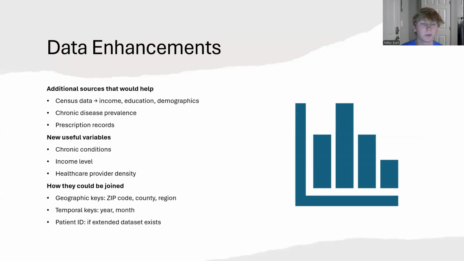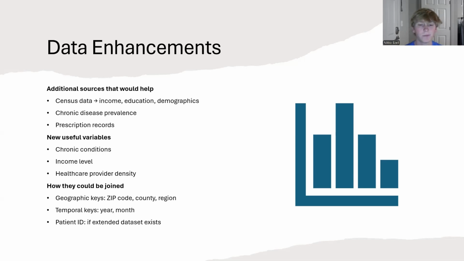And then some data enhancements. Additional sources that would help are census data like income, education, demographics, and chronic disease prevalence. If someone has a chronic disease, it's obviously going to drive up their insurance costs. And then prescription records, also what type of medication they're taking, can drive up their insurance costs. And then new useful variables: chronic conditions, income level, and healthcare provider density.